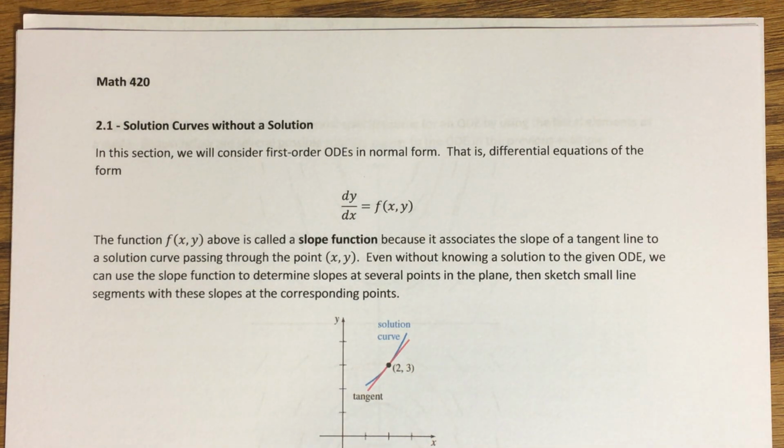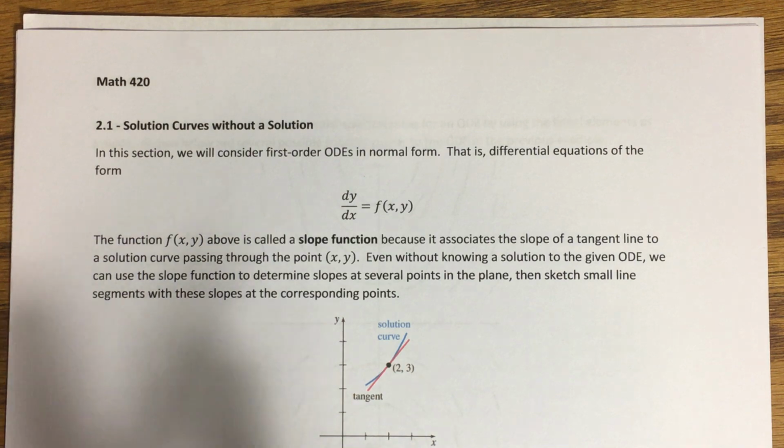In fact, it's actually somewhat uncommon to be able to find an explicit kind of tidy little solution for any given ODE that you come across. And for that reason, there's a necessity for tools that can sort of suss out more information about a differential equation if we are unable to find a solution.